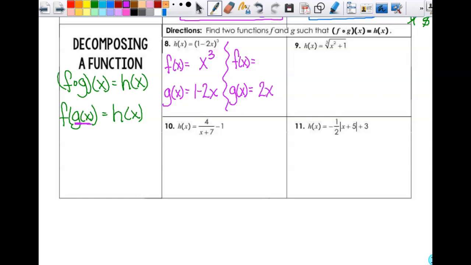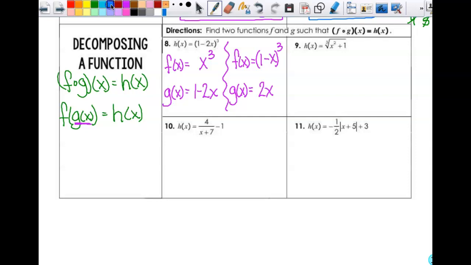Parentheses, then what? 1 minus x cubed. See how I would take this and substitute it in for x, and then I would get that out? Okay. All right, any questions at all?